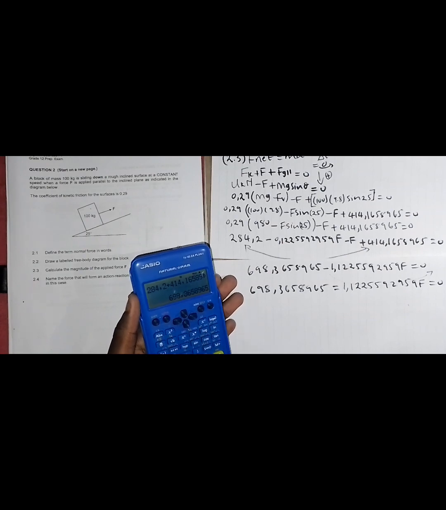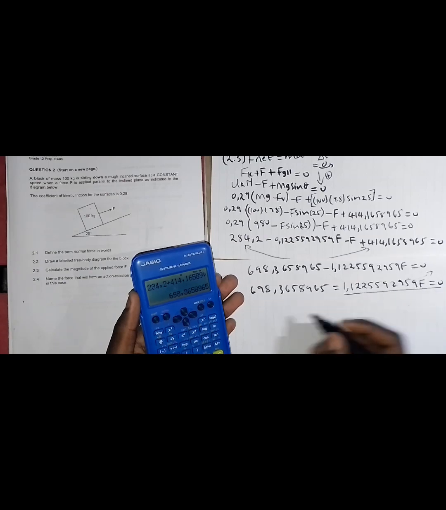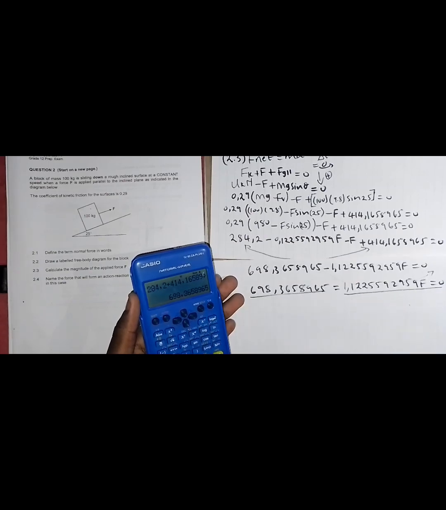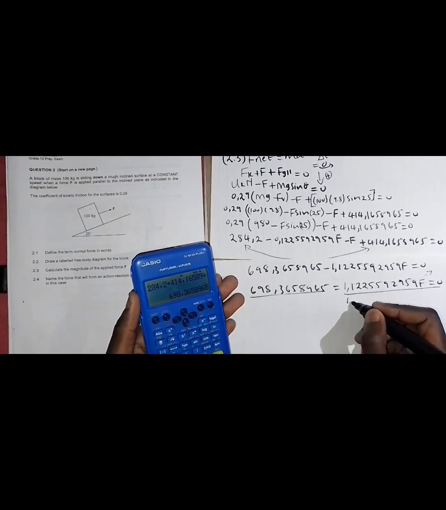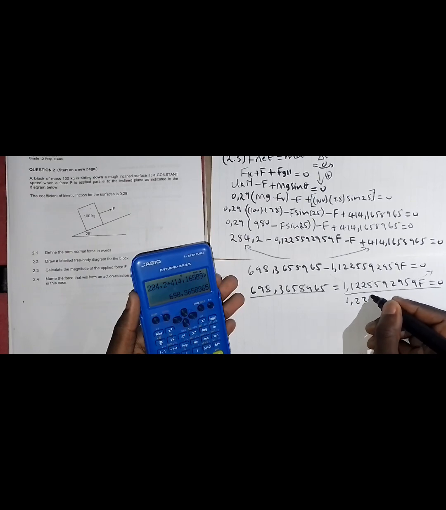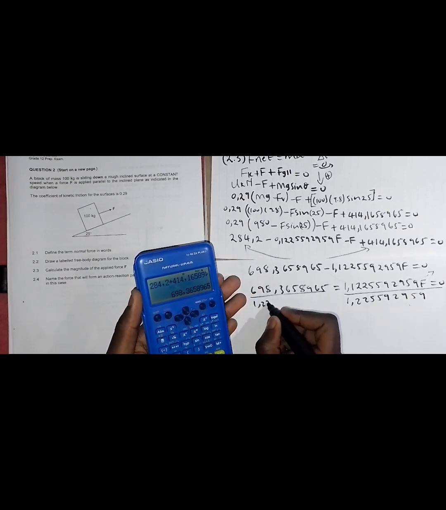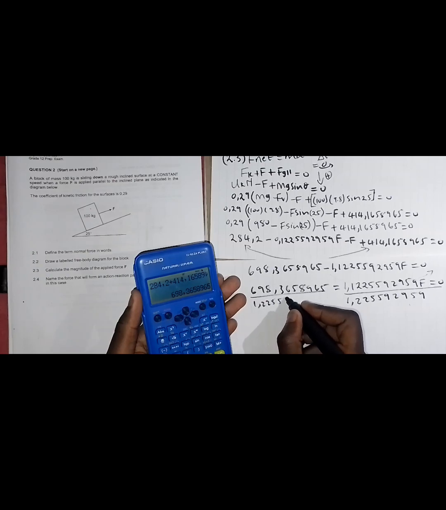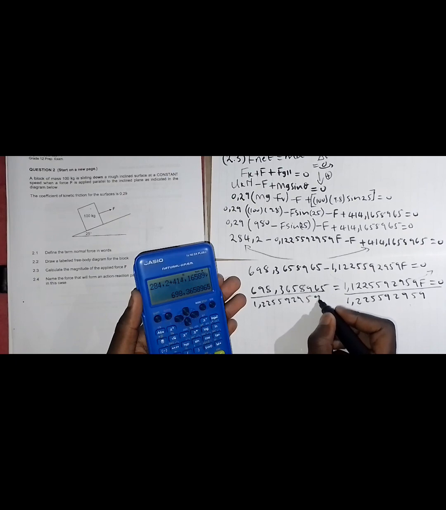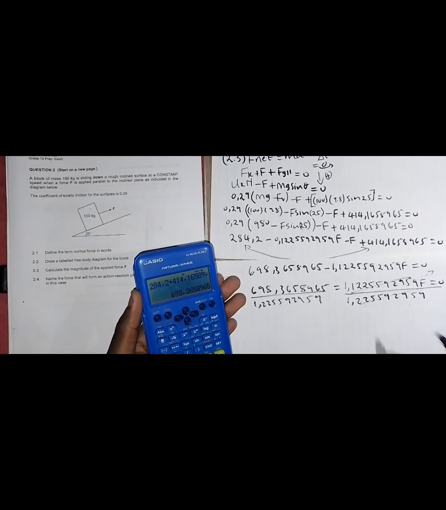Then after this one, we divide this thing all over by 1.225592959, and this one is going to cancel this one.